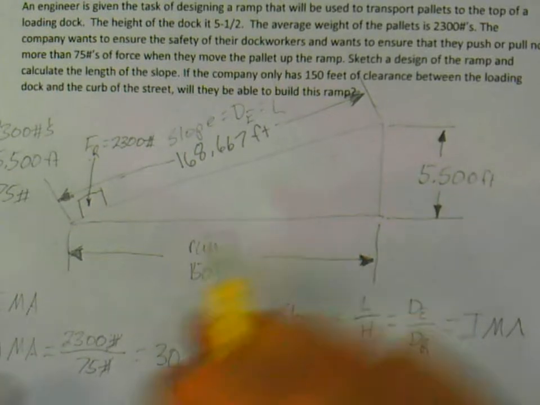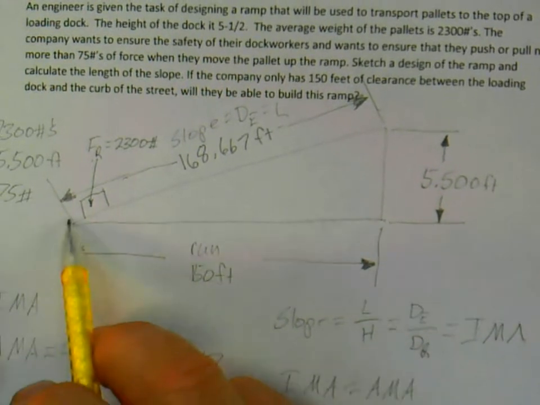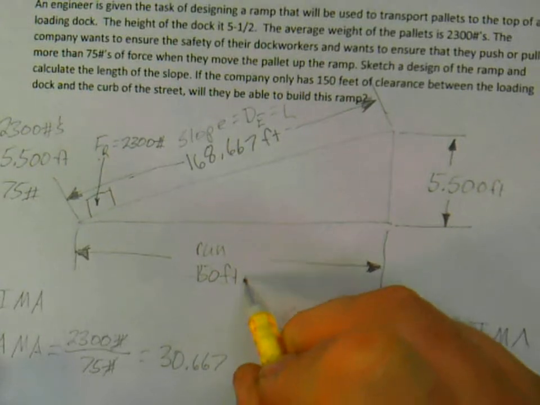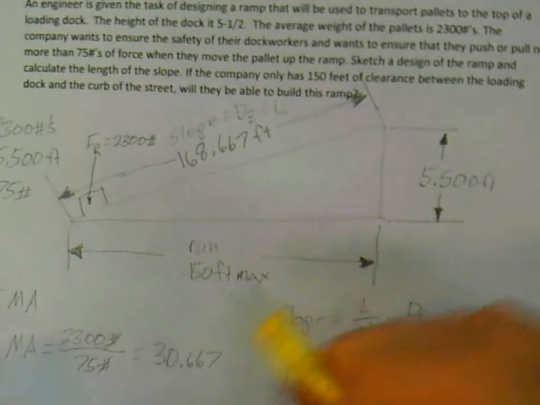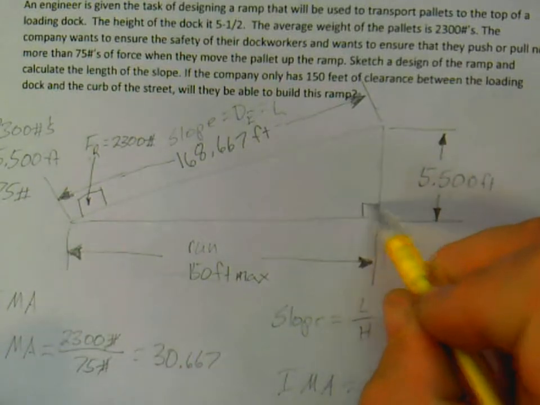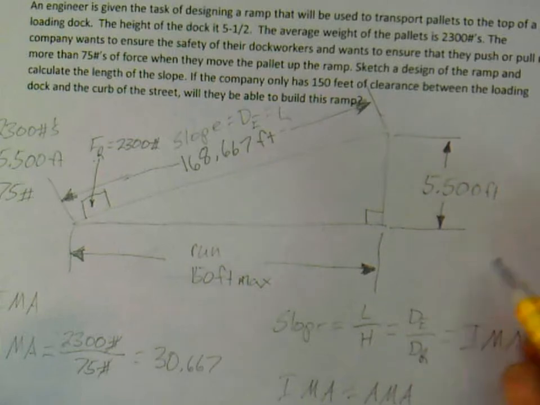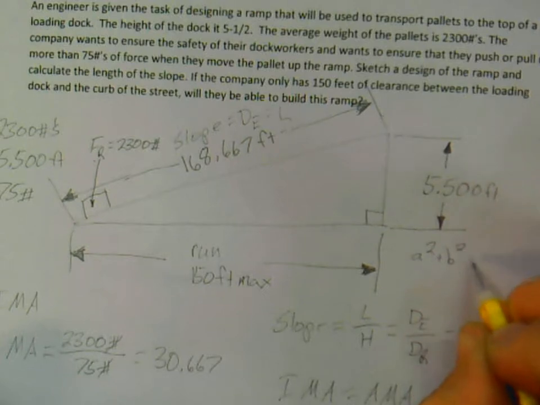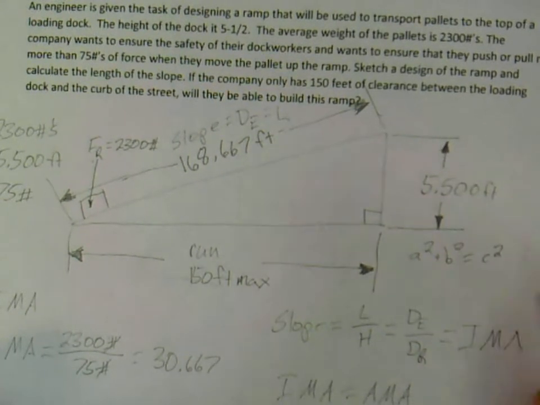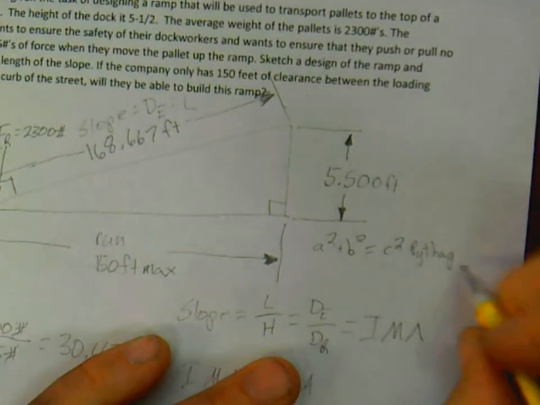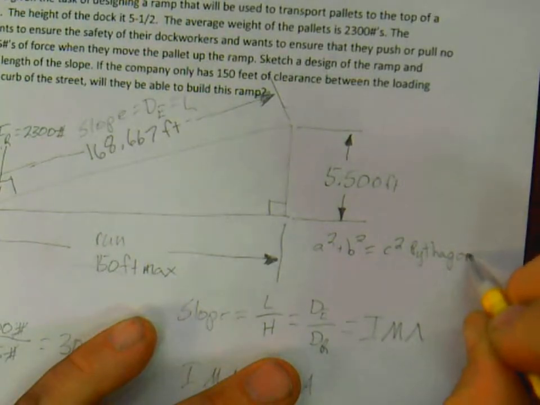In order to do that, we would need to use some trigonometry. We know this is a right angle, and by the Pythagorean theorem we have a squared plus b squared equals c squared. Now I want you to start to think like an engineer. In this ramp, we're not really going to label this as a squared, b squared, or c squared, because that's not really correct for what we have.